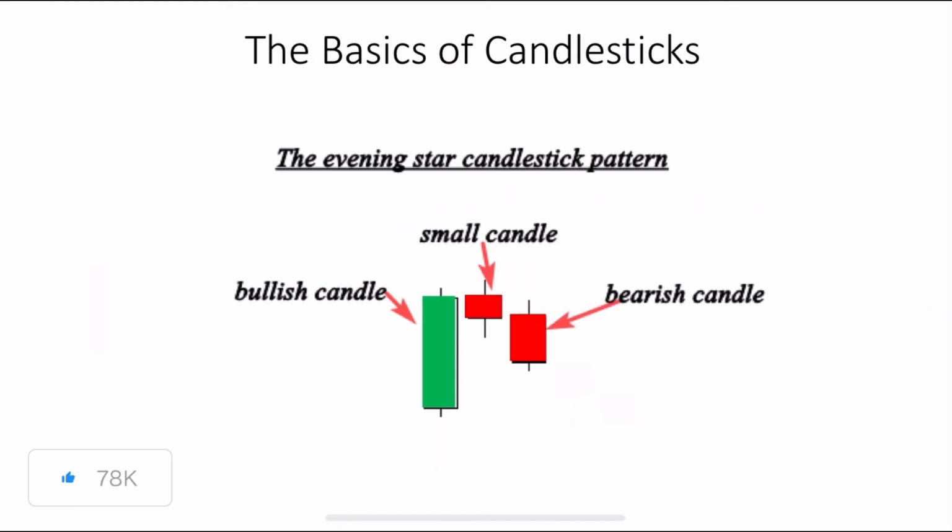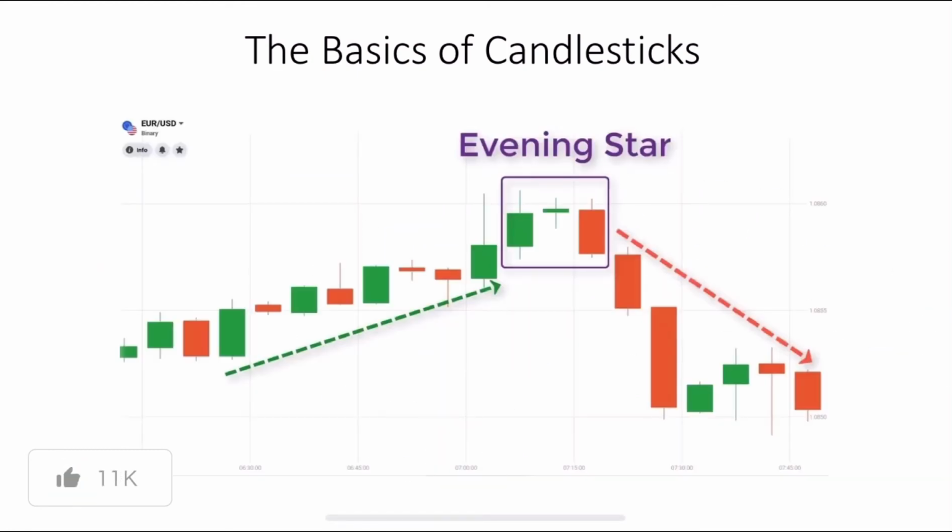As you can see here, the first part of the evening star is a bullish candle. So this means that the bulls are still in control and pushing the market higher. Even the second candle still shows the market is in control of the bulls, but the buyers don't push the market higher.